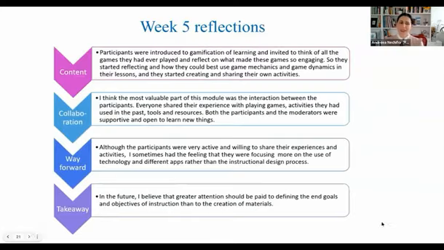Next slide, please. So we started by asking the question, are you a gamer? And most people are tempted to say no in this case, because when saying gaming and gamers, most of us think of video games. But it's not really true. Everybody plays games or has played a game at some point in their lives.